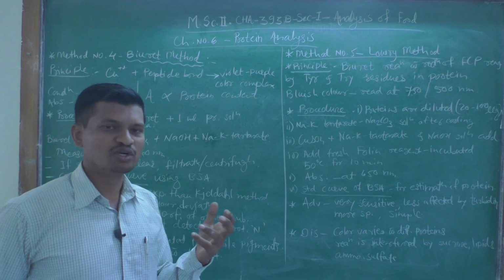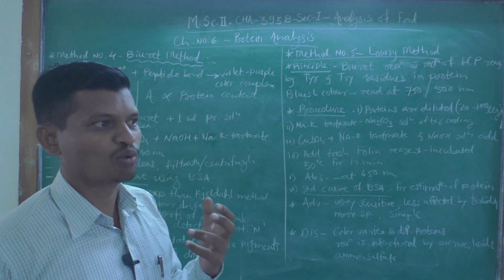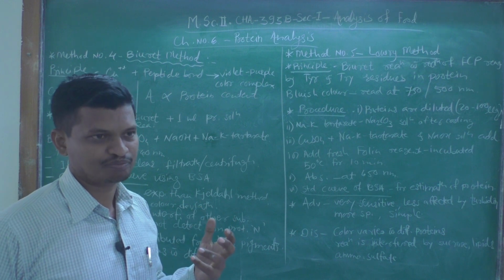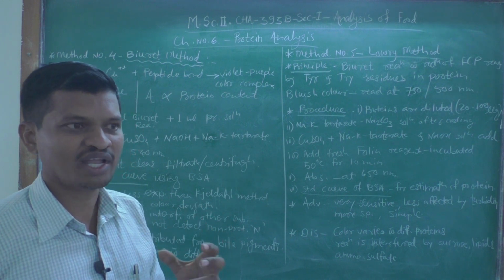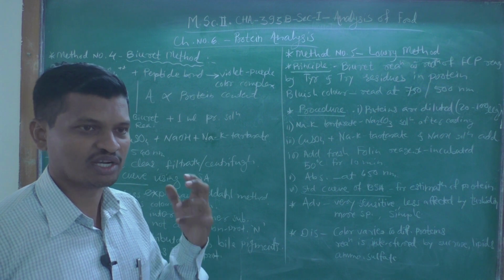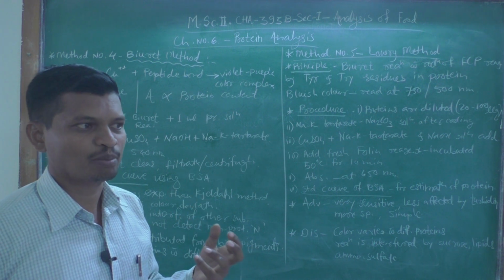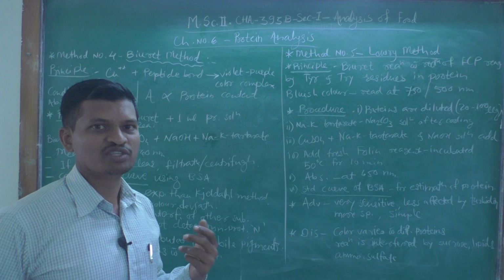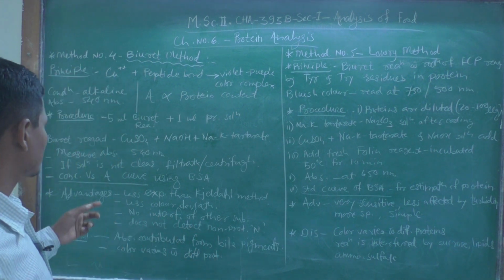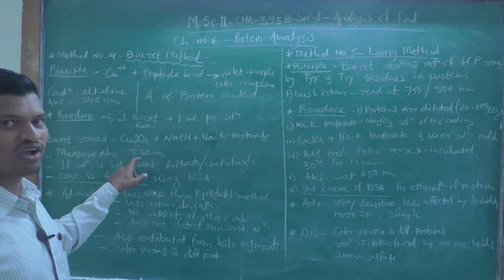So it is just like a UV visible spectrophotometric determination. For that we require a UV visible spectrophotometer or simply a colorimeter, but better results are obtained in the UV visible spectrophotometer. So absorbance is measured at 540 nanometers.